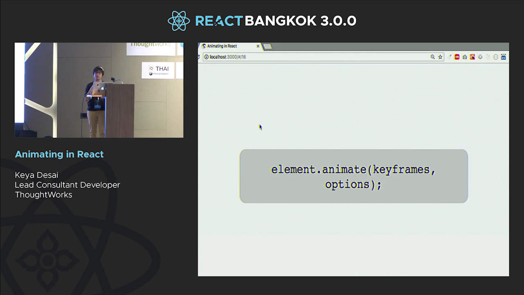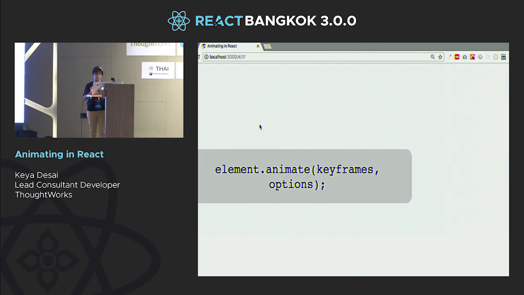The direction: is it going to play in reverse, alternate, or normal? The delay, how many seconds it should wait before the animation starts. And fill, which is how it's going to retain the CSS properties after the animation finishes or before it starts. So there are a lot of options out there, and you can play around and create really cool animations using this.